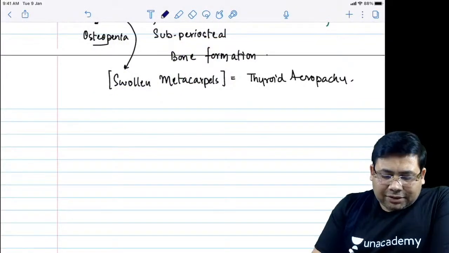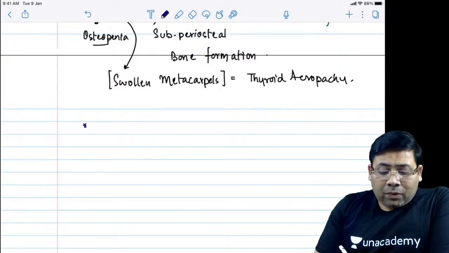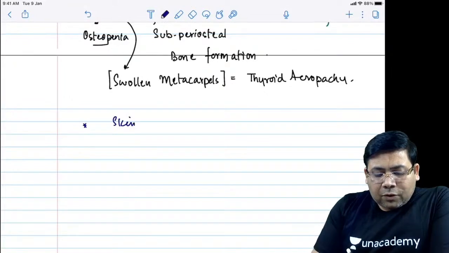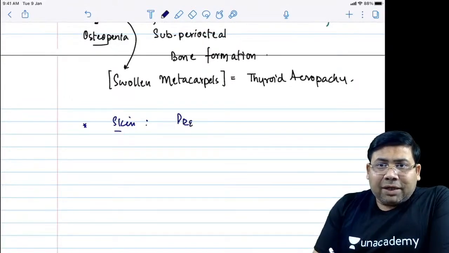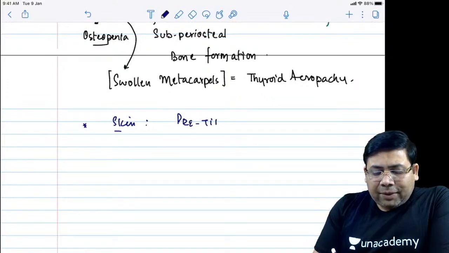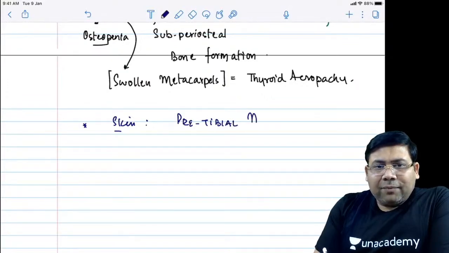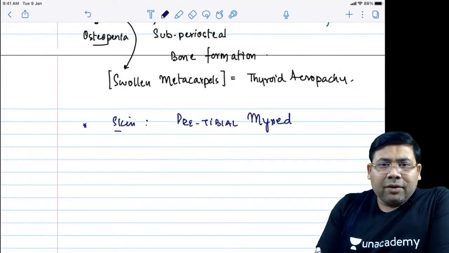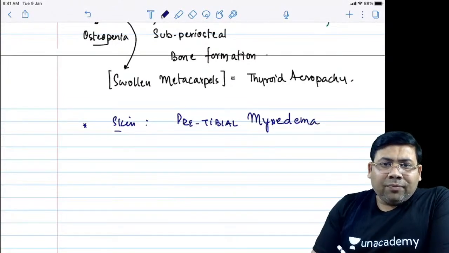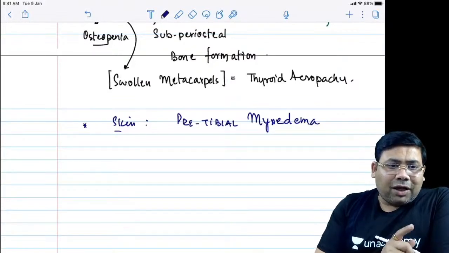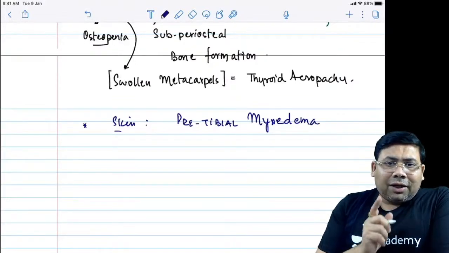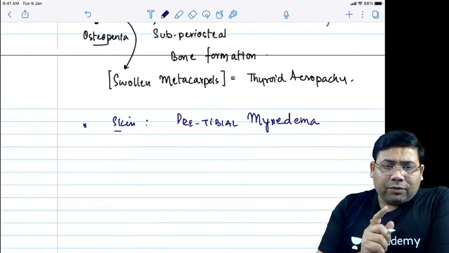Next, what about the skin? You get to see pretibial myxedema. Students, the word myxedema is a misnomer here, because myxedema refers to hypothyroidism, not hyperthyroidism. This is very, very important.